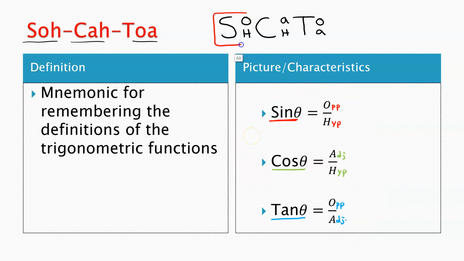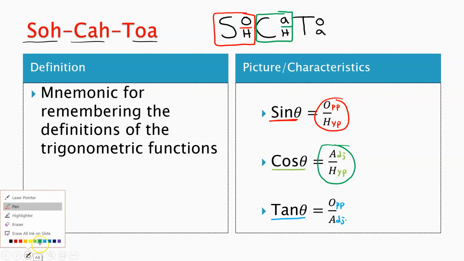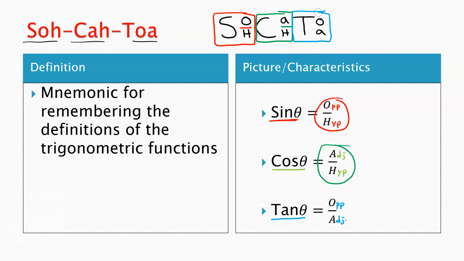If we take a look at it, the so part, that's O over H, that is opposite over hypotenuse. The cosine part, the ka part, that is A over H, that is my adjacent over my hypotenuse. The TOA part is O over A, so that is opposite over adjacent.